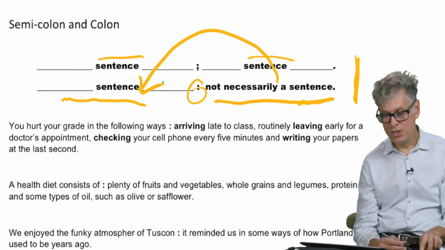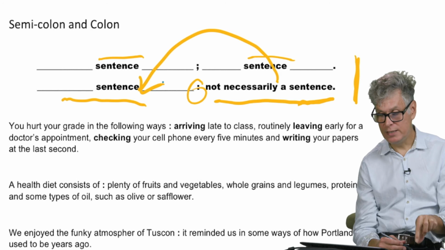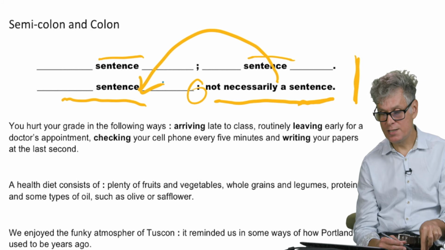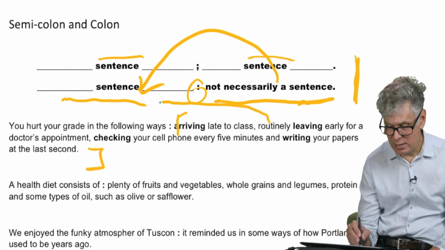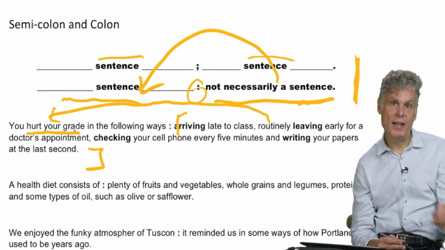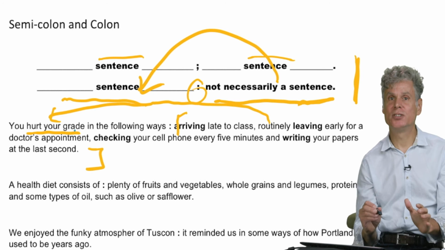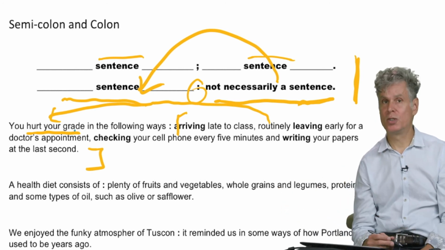You hurt your grade in the following ways: arriving late to class, routinely leaving early for a doctor's appointment, checking your cell phone every 5 minutes, and writing your papers at the last second. And everything that comes after the colon is giving you some details about the ways that you hurt your grade. And that is how a colon functions: details about something before the colon.